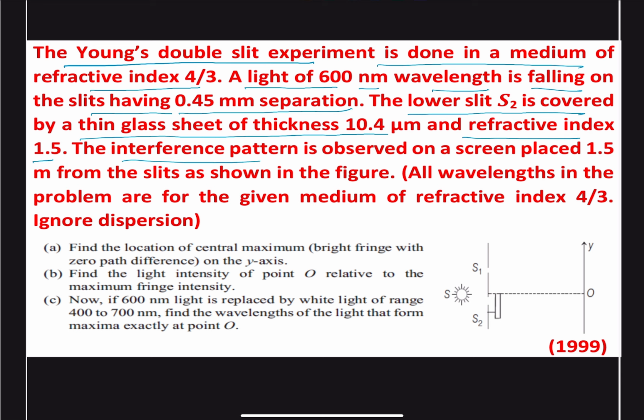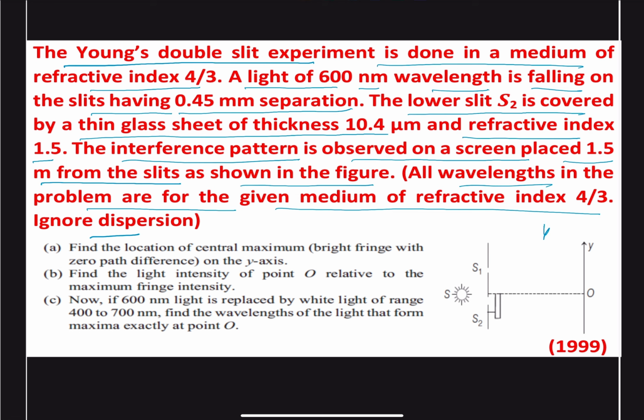The interference pattern is observed on the screen placed 1.5 meter from the slits as shown in figure. All wavelengths in the problem are for the given medium of refractive index 4/3. Ignore the dispersion.